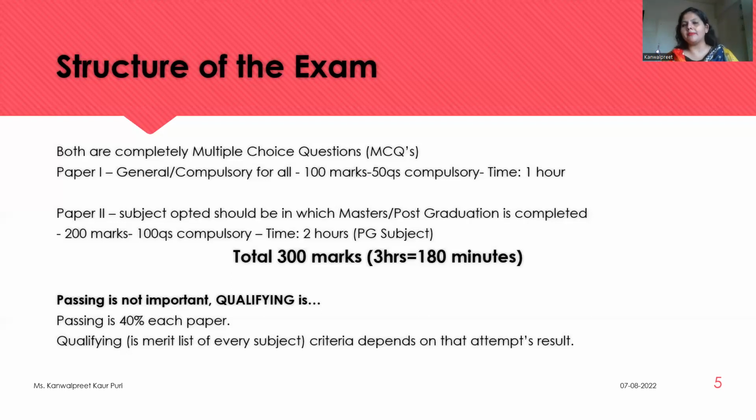Now, as per the new structure of the examination, they give you both papers on the screen. It is up to you whether to start with paper 1 or paper 2. My suggestion is to give only 1 hour, 60 minutes, to paper 1, because sometimes we get so excited with paper 1 that we fail to acknowledge the time limit, and then we give 15 more minutes to paper 1, and realize we are 15 minutes short for paper 2.